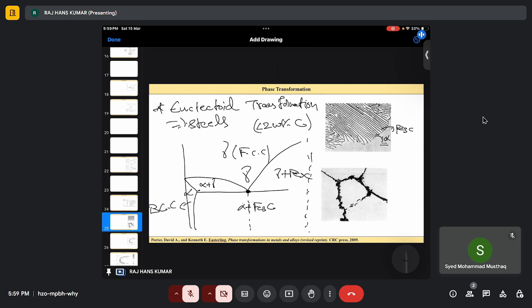Any phase can be nucleated at a grain boundary, because the grain boundary has high free energy when compared to the grain interior. There is a more disordered structure there, so there is a high amount of energy. So that's why the grain boundary is more favorable when compared to the grain, and with high undercooling the grain boundary regions get saturated with nucleation sites.